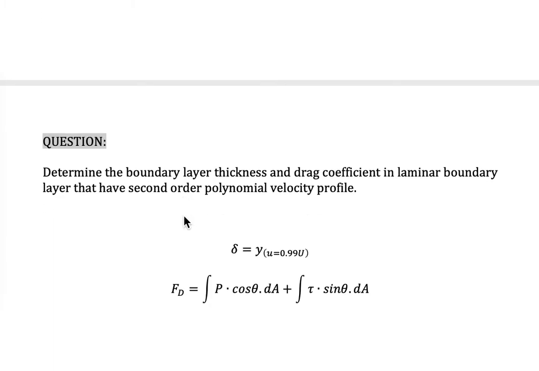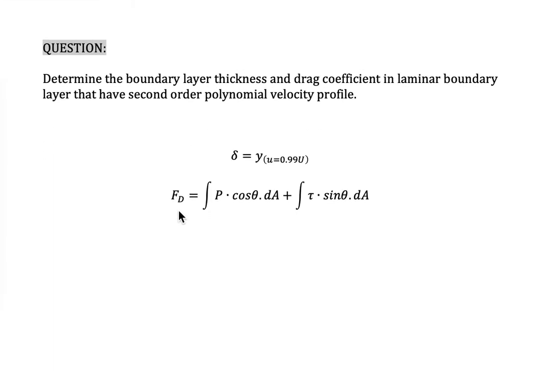Today we would like to discuss boundary layers and how to solve boundary layer problems with the von Karman equation. Let's say we have a question: determine the boundary layer thickness and drag coefficient in a laminar boundary layer that has a second order polynomial velocity profile.